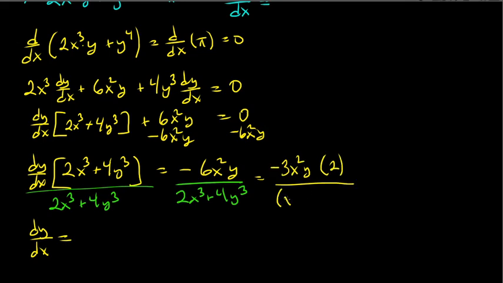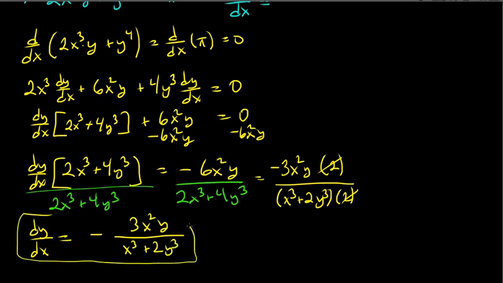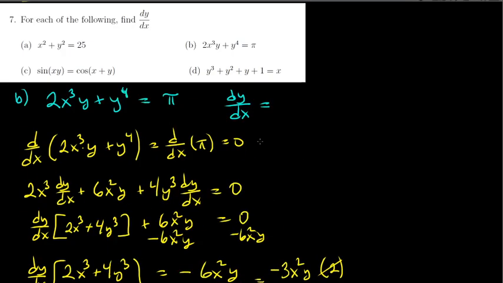And then we have x cubed plus 2y cubed times 2. Yep. Cancel the 2's. So you're just going to get negative 3x squared y over x cubed plus 2y cubed. That looks good.